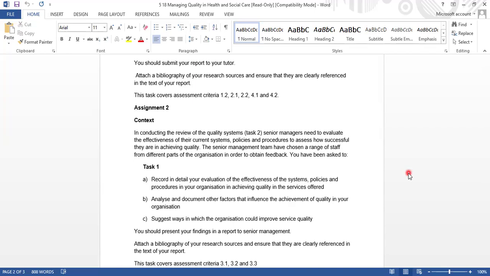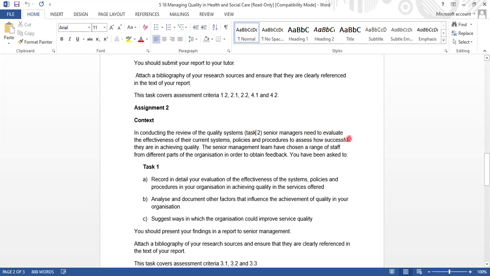Yeah, that's fine. And then for the second assignment, the context is that you're conducting the review of the quality systems. So you're doing task 2, an extension of task 2.